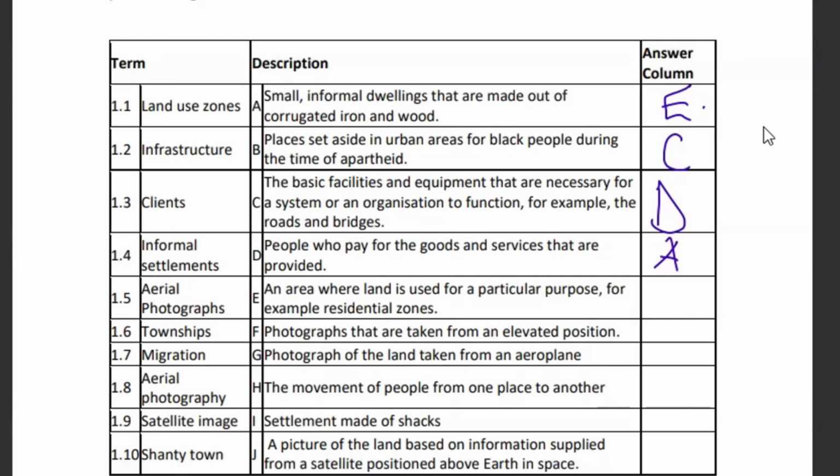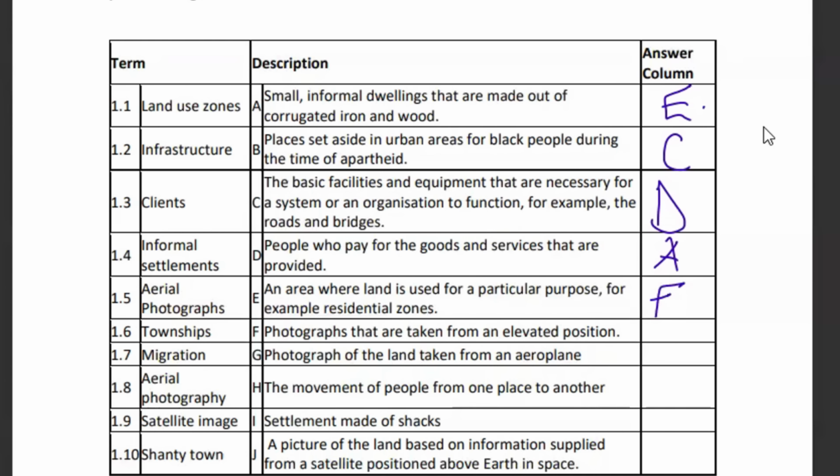Oh, sorry, yes, it is A. Then aerial photographs is 1.5. It's F. So aerial photographs are photos that are taken from elevated positions.